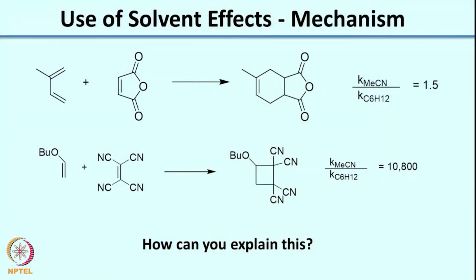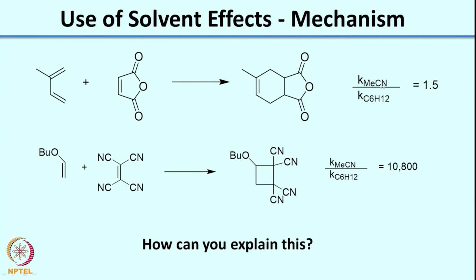So, before I leave you, there is one problem that I would like you to think about. So, this is an example of where the solvent effects were used to determine the reaction mechanism. Not one example actually, two examples. So, in the first case what is seen is when you do the reaction shown here, this is an example of a Diels-Alder reaction. So, it is a 4 plus 2 cycloaddition reaction to give the cyclohexene molecule.